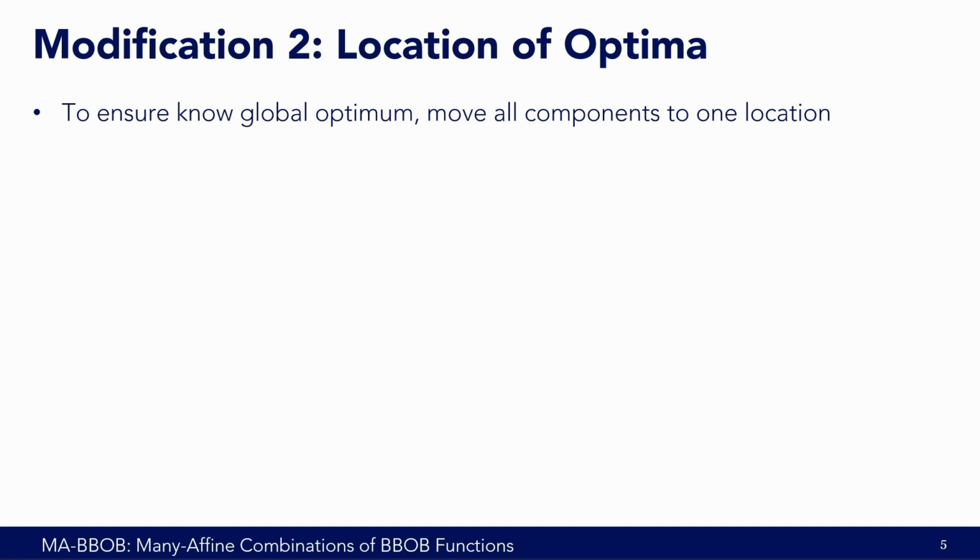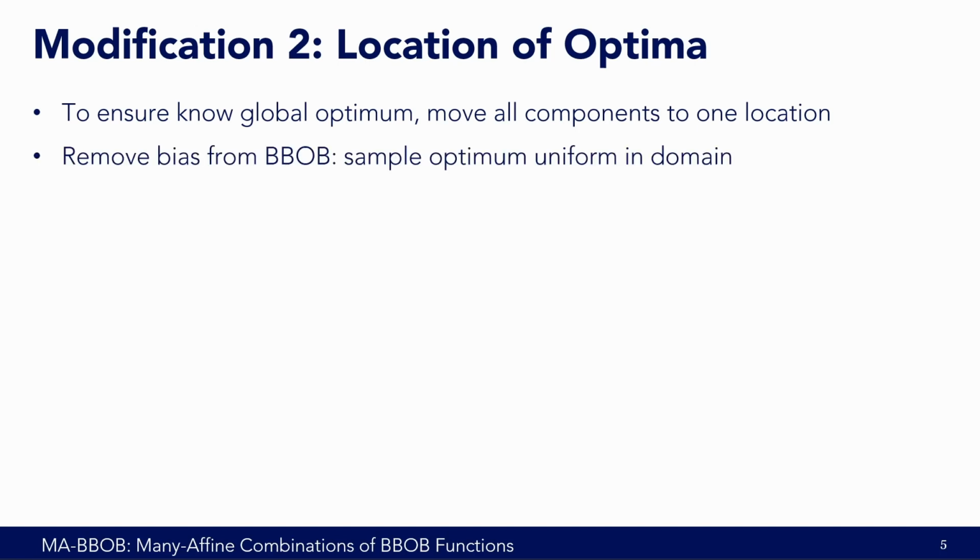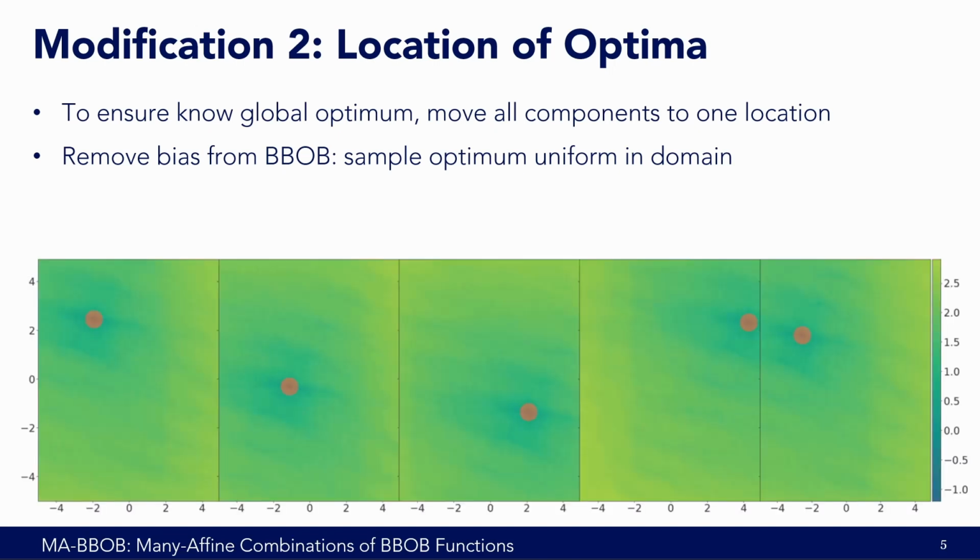And that introduces some bias, because not all functions can have their global optimum anywhere in space. So in order to remove this potential bias, we sample the optimum uniformly in our domain, and that results in different functions again, where the optimum is distributed uniformly, which is quite a nice property to have for a new benchmark set, in our opinion.